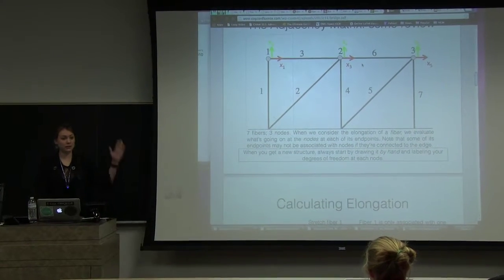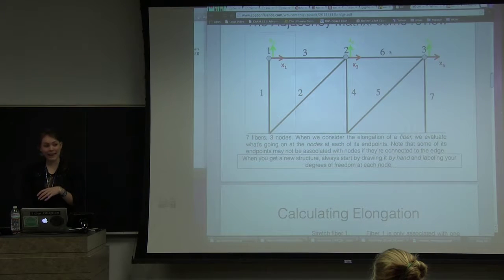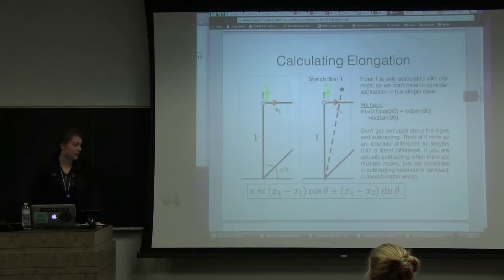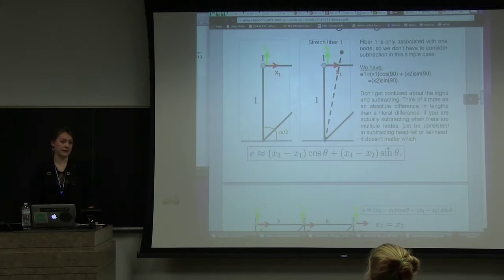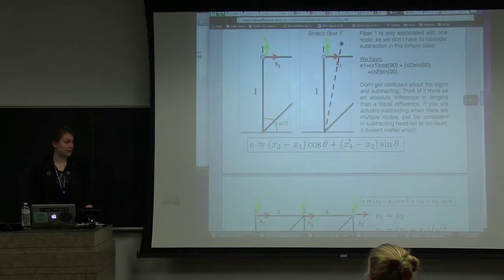It doesn't matter so long as you keep the same convention through all of your nodes, and as long as you don't mix up vertical. Vertical, you need to use the same tail as you used for horizontal. And when we just plug it into the elongation equation, you don't really need any of the motivating physics to get there, you just need this guy. If you're hungry for it and want to go back and look at it, that's great, but you don't need it for this.